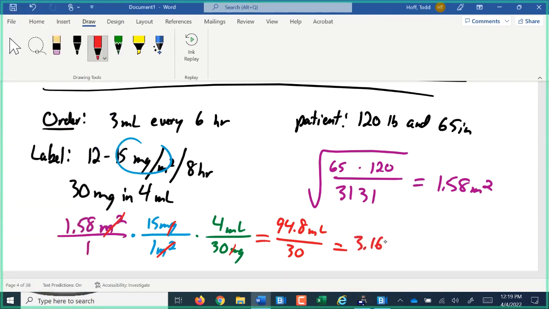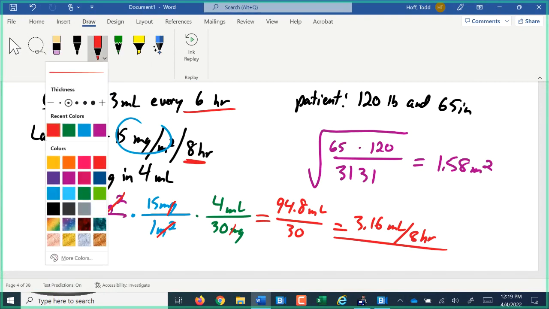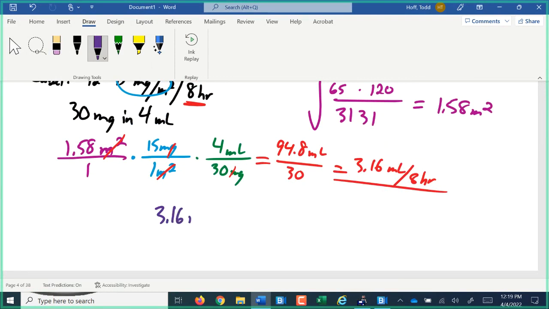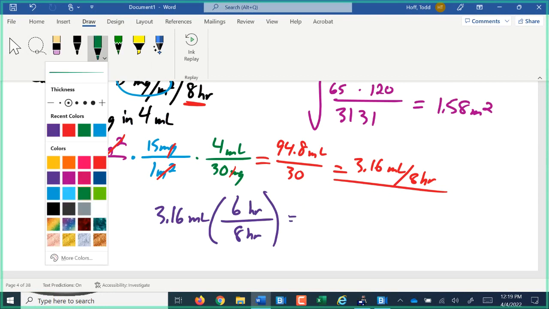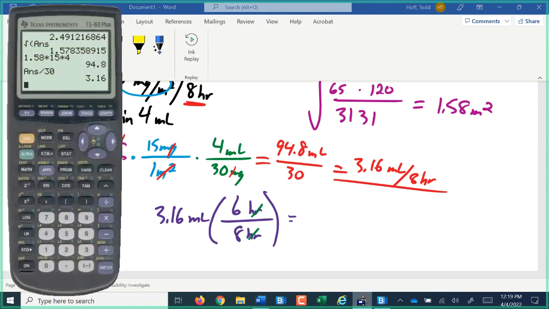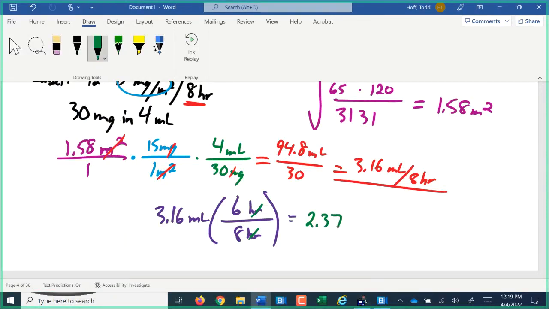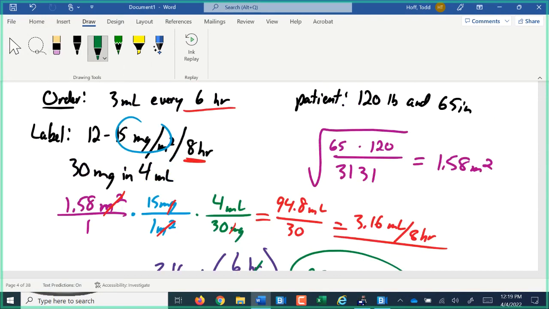The doctor's order looks fine so far, but then we bring in our time. That is for 8 hours. The doctor's order was every 6 hours, so we have to perform that adjustment, changing that 3.16 milliliters from being 8 hours to being 6 hours. Hours cancel out. 3.16 times 6 divided by 8 gives us 2.37 milliliters every 6 hours. That is the maximum, which appears the doctor has gone over.